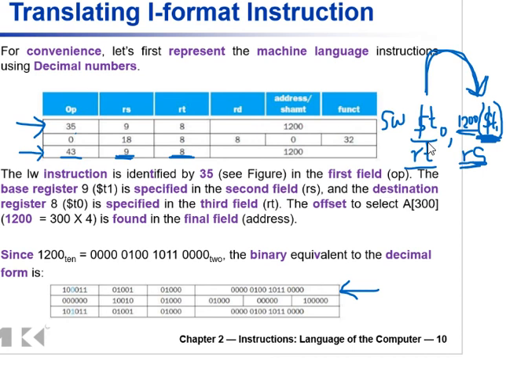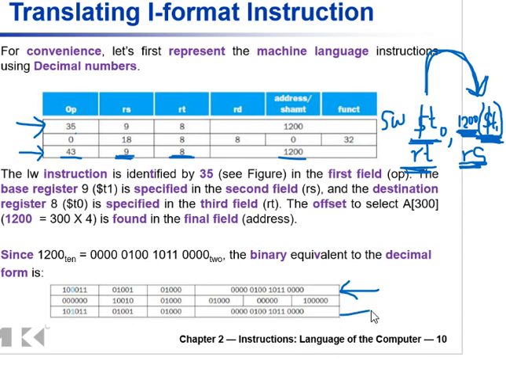So for load word and store word, keep the same. Remember, the first register you write in load word and store word is called RT, and the register you write inside the bracket is called RS. And the constant or the address is 1200.